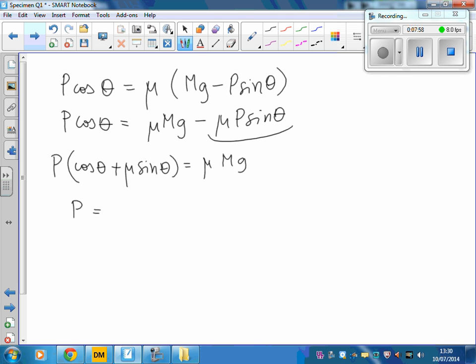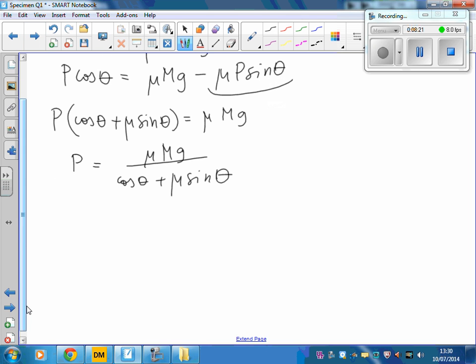So P equals mu mg over cos theta plus mu sine theta. And that's the minimum value of the force required for the block to slide.